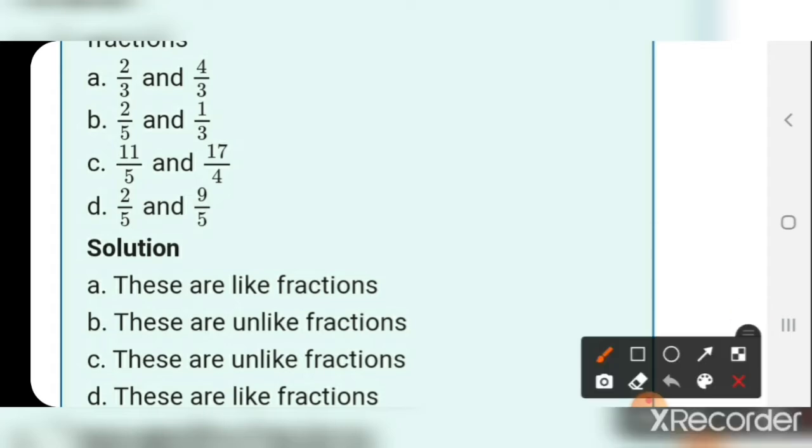Look at the denominators. Same denominator means like fraction. Different denominator means unlike fraction. Here also denominators are different. And here denominators are same. So these are like fractions.